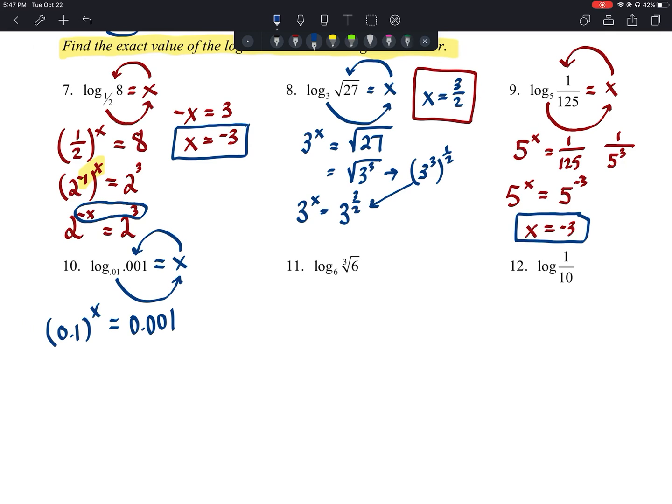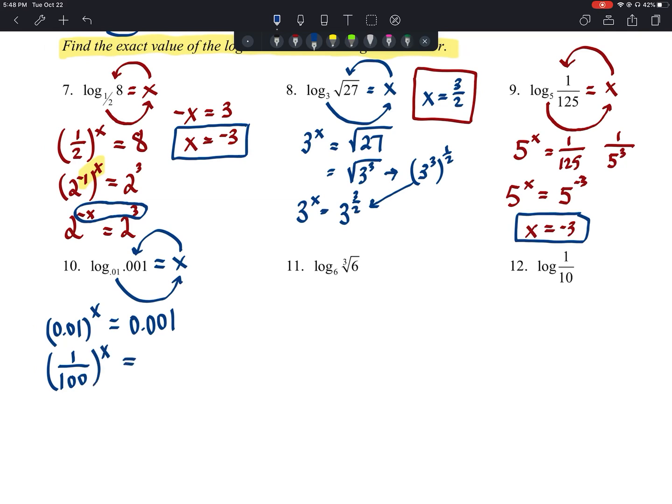So as much fun as it is to work with decimals, I prefer fractions. So I'm going to rewrite these right now as 1/10 being, oh, I'm sorry, I wrote that wrong, didn't I? That should be 1/100th. So 0.01. So when I rewrite that though, that's just going to change that fraction to 1 over 100 to the power of x.